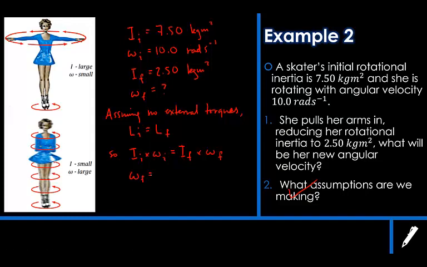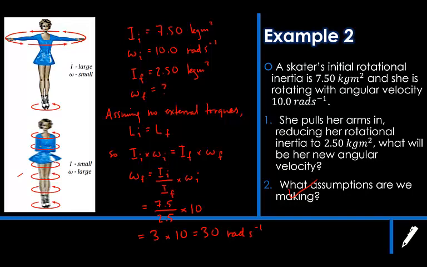Omega F is equal to Ii over If times omega I, which is equal to Ii was 7.5 over 2.5 times omega I, which is just equal to 7.5 divided by 2.5 is 3 times, in fact since I was putting numbers in here, I might as well put in 10 here, which is equal to 30 radians per second.